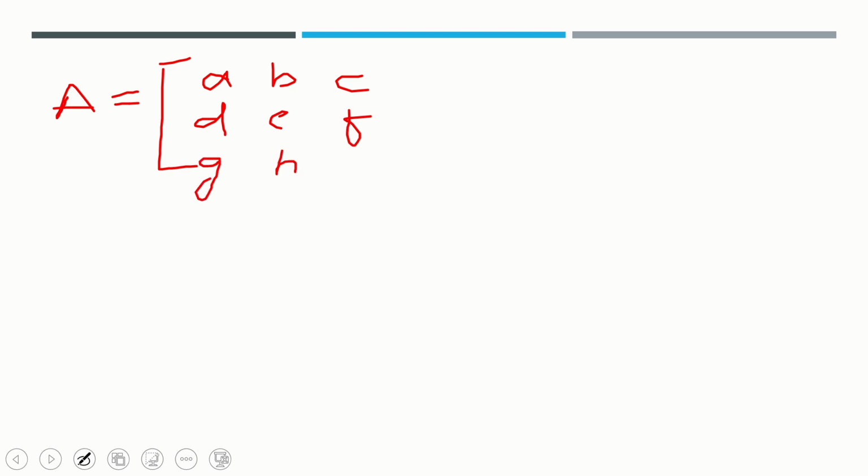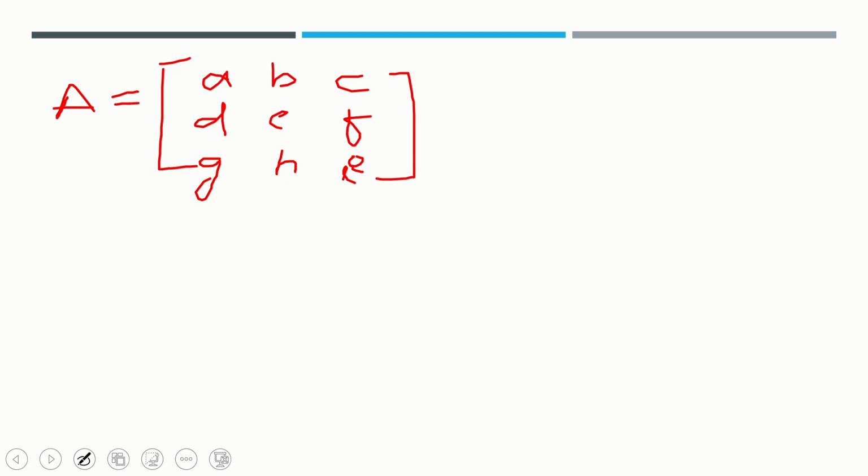So how to calculate this multiplying factor? Let's take the matrix again. Okay, so this is the matrix.